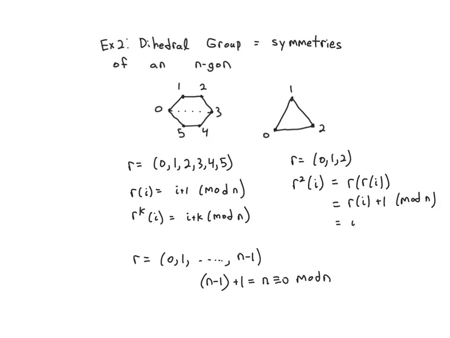But that's just I plus 1 plus 1 mod n, which is I plus 2 mod n. This is the exact same idea as skip counting by 2. And you can see this idea in general. For arbitrary k, you're just skip counting by k. You're just adding 1 k times. And this modulus just says that if you ever go past the end of the cycle, you loop back around to the beginning.